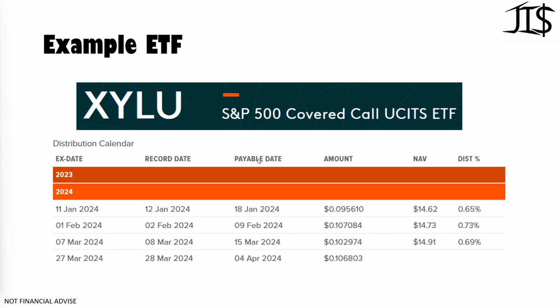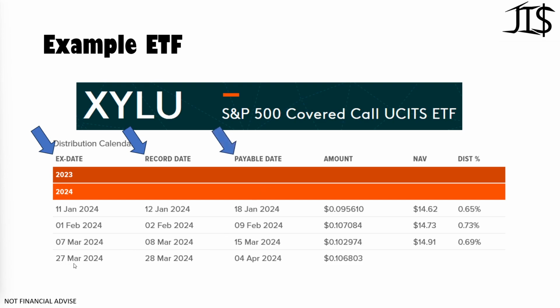And for ETFs you have the same. So XYLF, it's XYLU on the London Stock Exchange, I think, and you have XYLP as well, because then it's traded in pounds at the London Stock Exchange, but at the SIX Stock Exchange it's XYLF, and here you can see the ex-dividend date always reported, you have the record date reported, and you have the payable date.